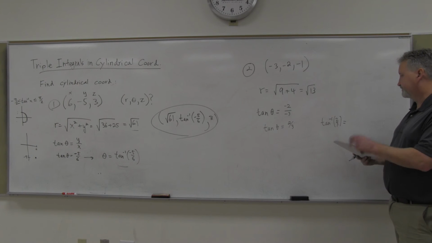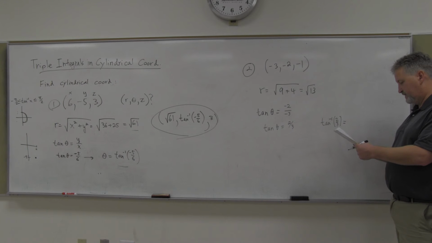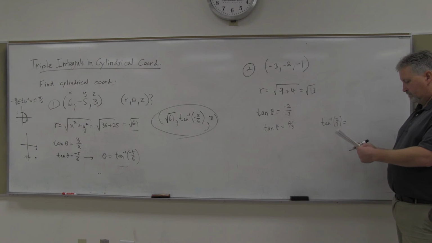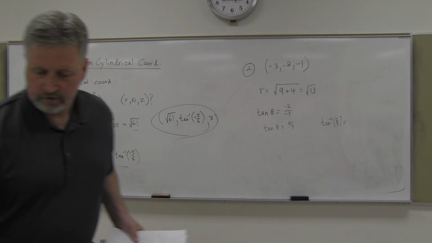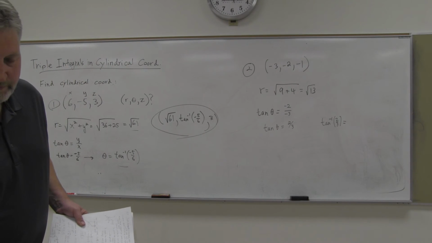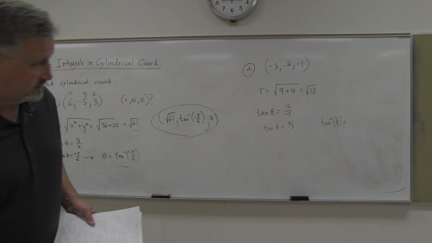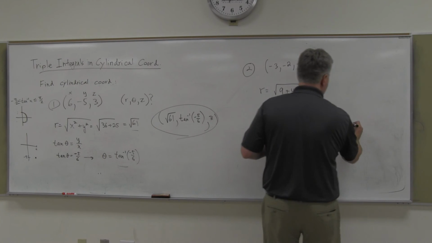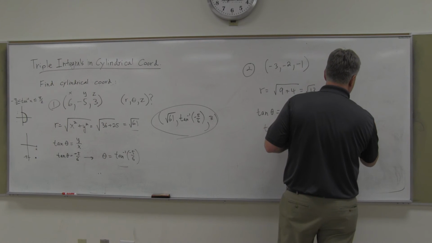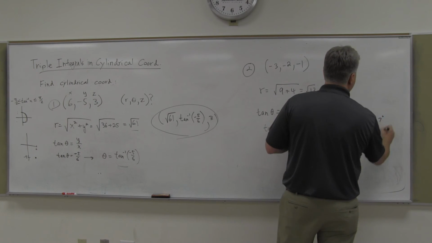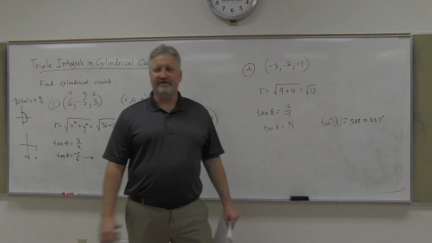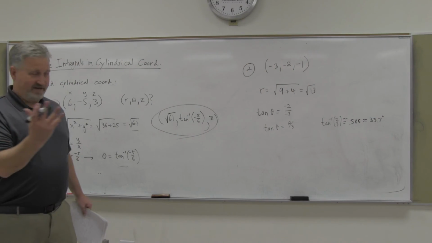It approximately gives me 0.588 radians, which is what in degrees? I think it's 33.69 degrees. It's about 33.7 degrees. Okay, here's my point.